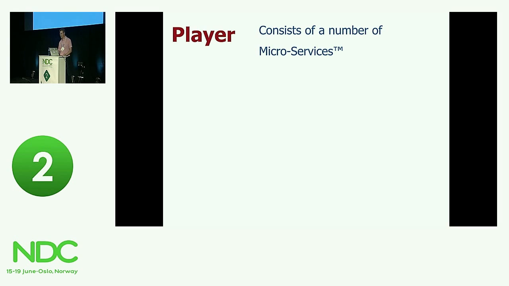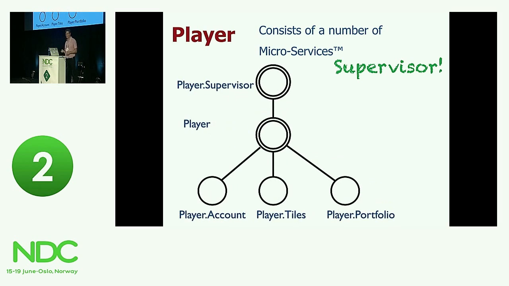The thing here is you actually want that to be a supervisor. And you want it to be a supervisor because it has underlying processes that together build the entire functionality of a player. So you need to have a player supervisor that will supervise all players in the game. Each player will be initially anchored by a supervisor process, and then you have the count, the number of tiles, and his portfolio, the stock he owns.